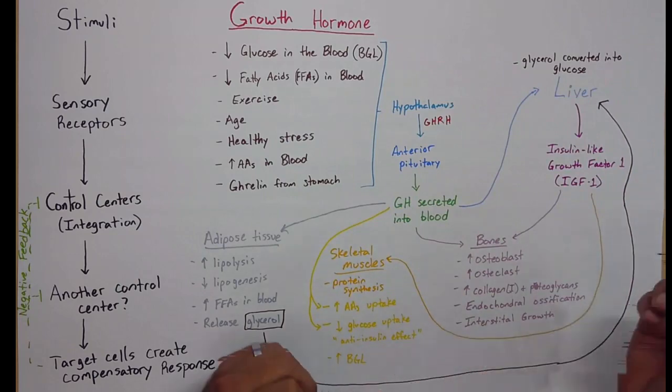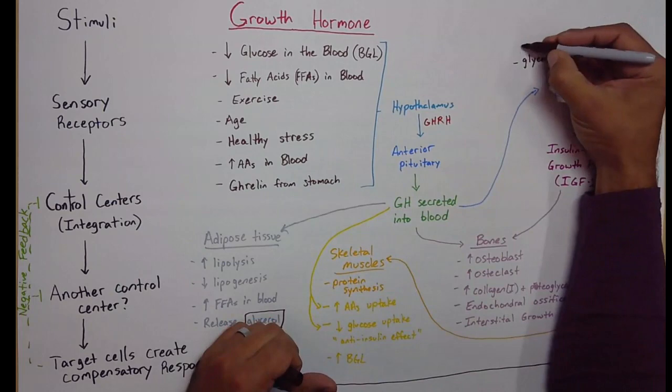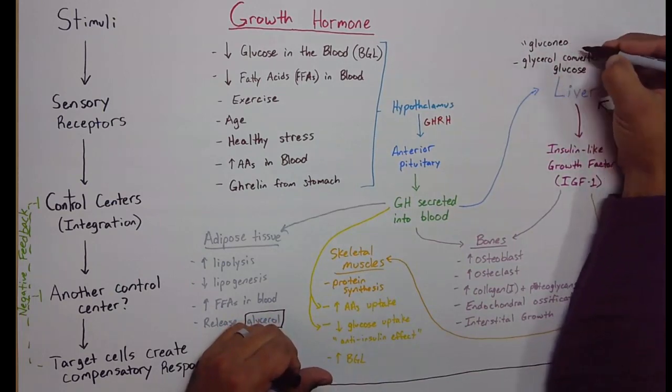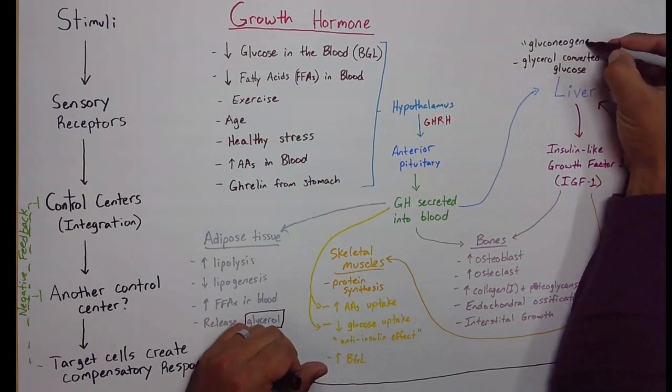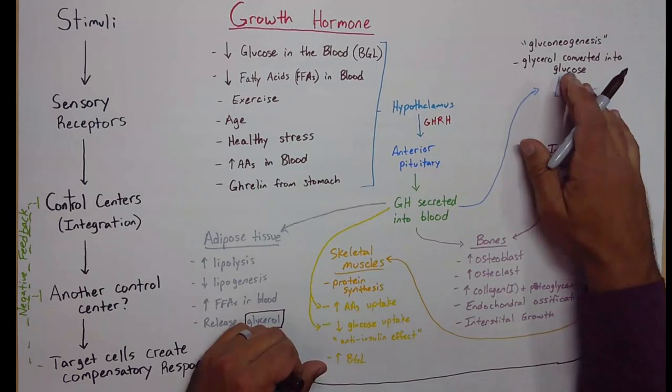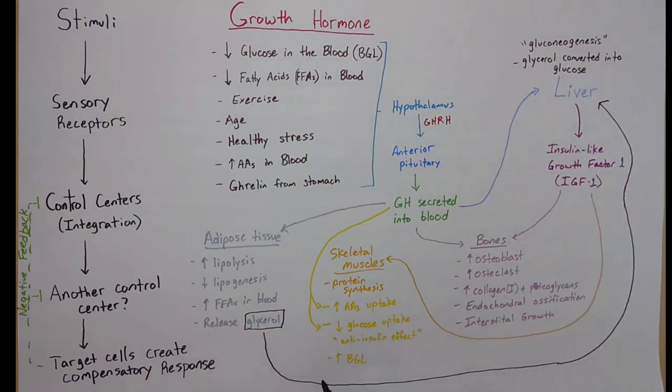This function has a name. It's called gluconeogenesis, meaning new glucose genesis. If I take something that was not glucose and I convert it into glucose, this is called gluconeogenesis.